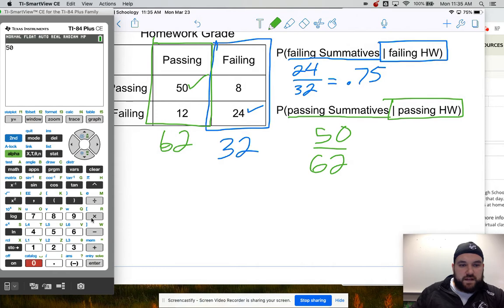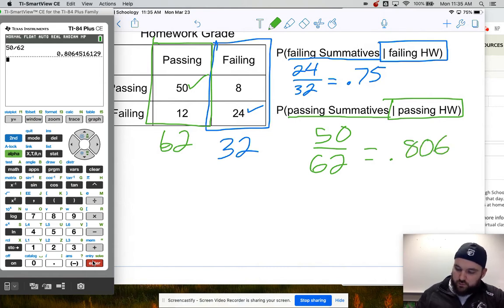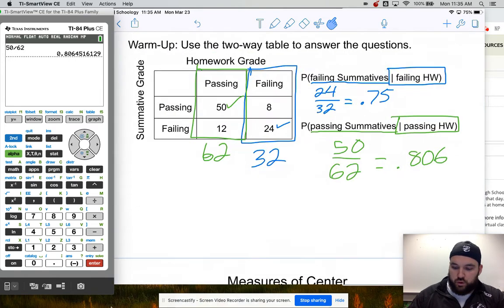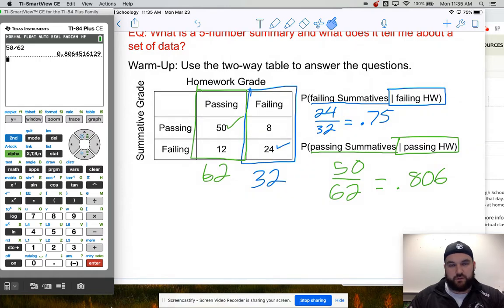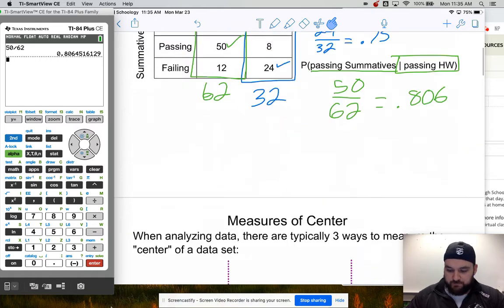So 50 out of 62 is 25 out of 31, which is about 0.806. So just over 80% of students are passing their summatives if they are already passing their homework. Okay, so that was a quick reminder from 11.4, conditional probability.